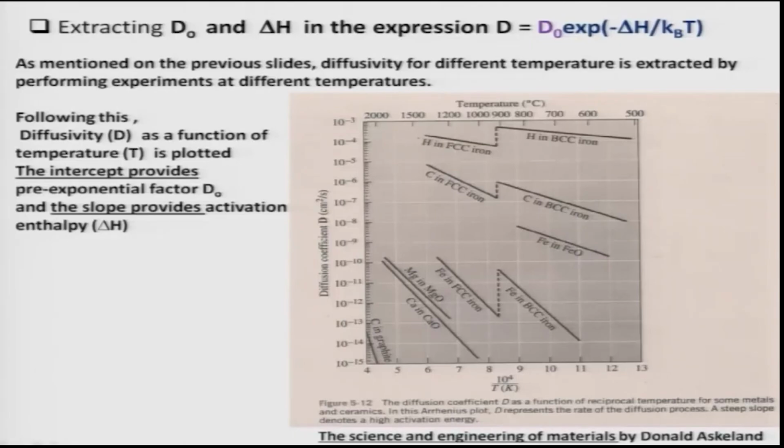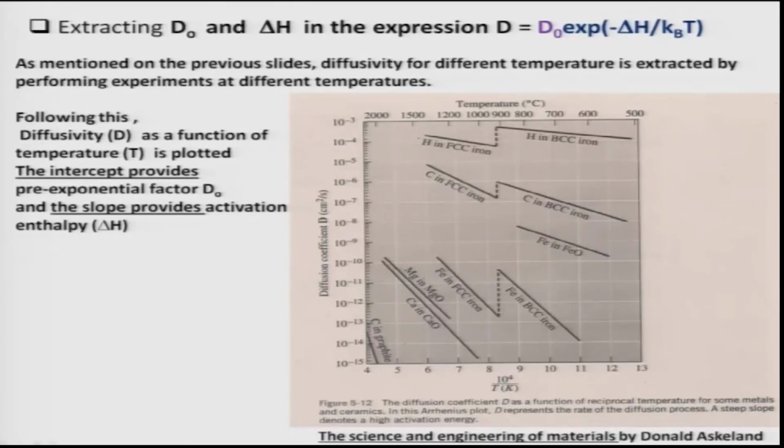Look here at one important aspect: carbon in graphite, self diffusion. Carbon in graphite is extremely slow because graphite has very few sites available. Vacancies are normally very low in graphite because it is a high melting temperature material, so vacancy concentration is very low.